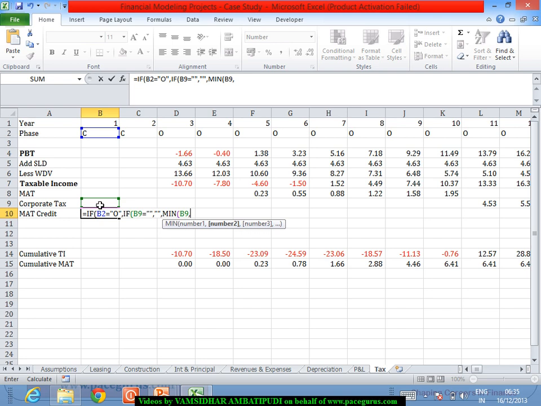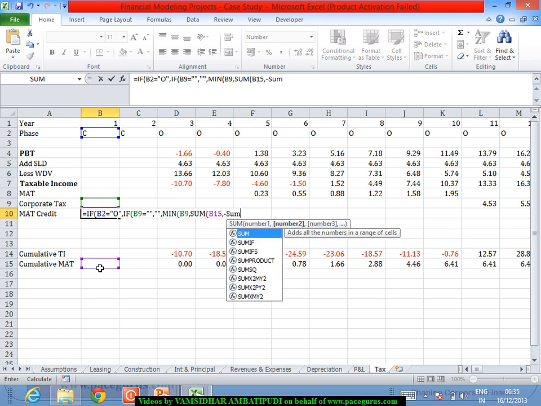So I'll take the minimum of either the corporate tax for that period or the cumulative MAT minus whatever has been credited till date.